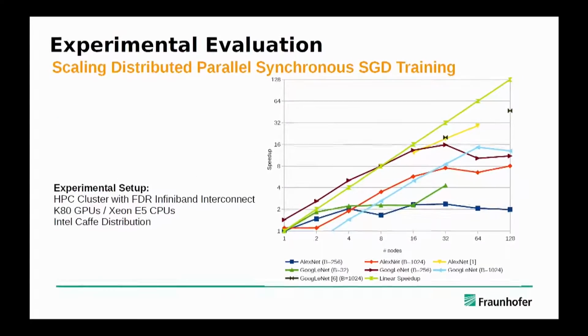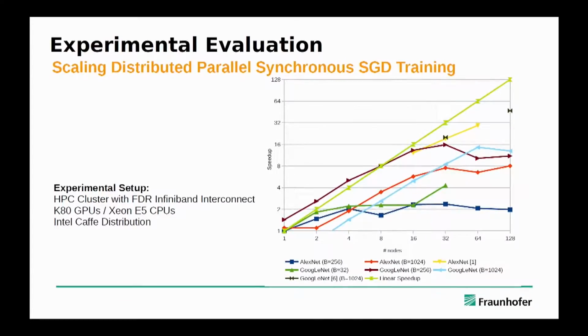Now, these are some experiments we actually made on an HPC cluster with FDR InfiniBand interconnect. The GPUs are kind of old, K80s. But actually, this plays in our favor in this case. If you look at the green line, this would be linear scaling. So the general assumption would be just buy enough GPUs and plug them in your cluster, and that's it.